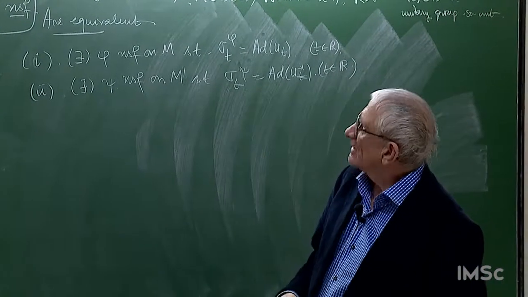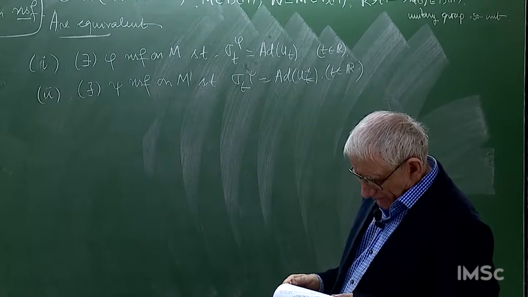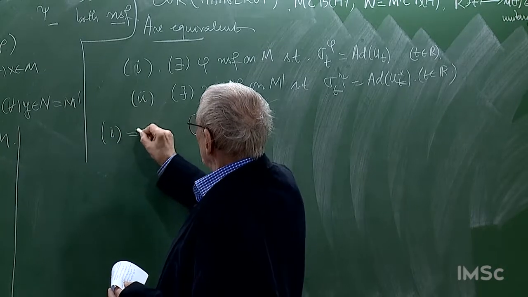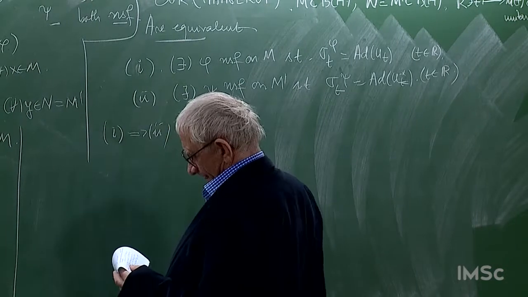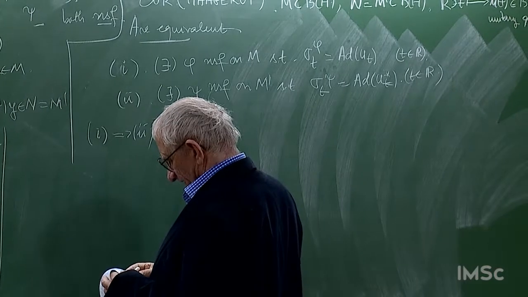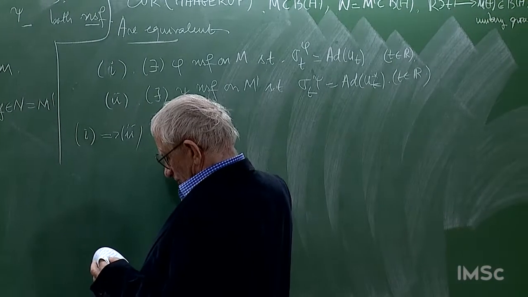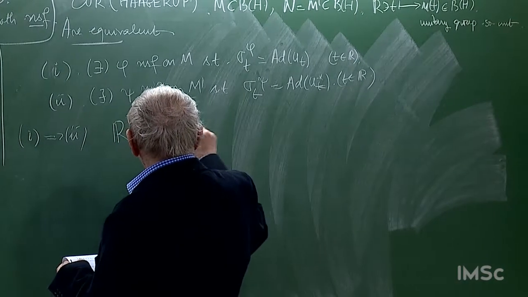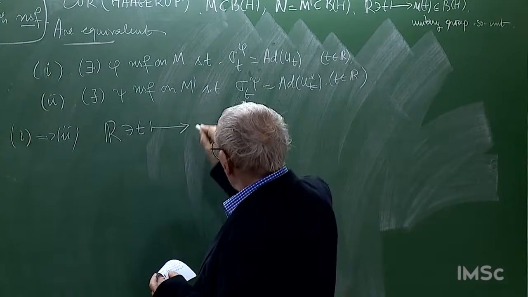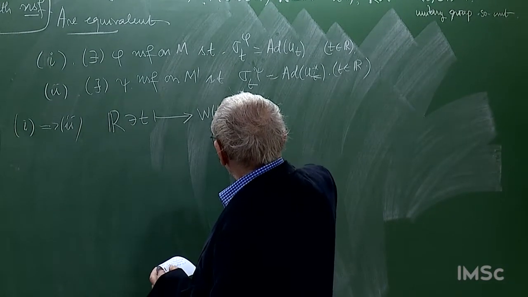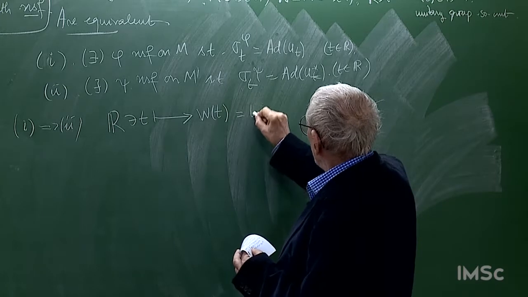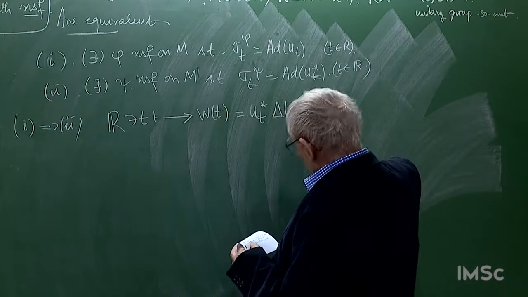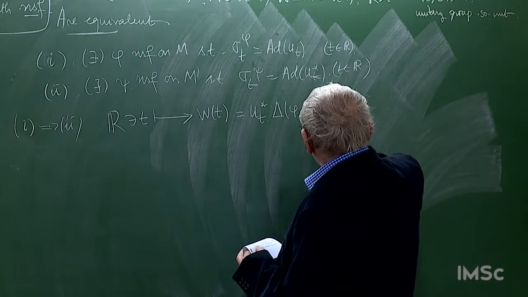Having this theorem, the proof is very simple, and I will give it. Of course, it is enough to prove that one implies two. Then you look at this map from R, taking t into what I call W of t, which is u t star delta phi psi 0 to the power it.